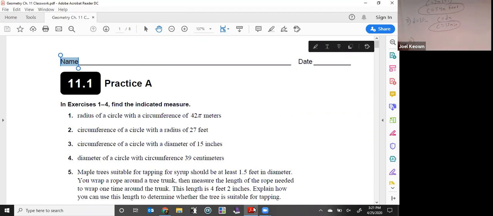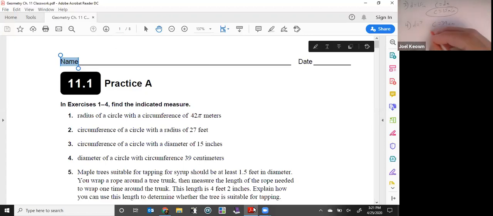Number 4 says the diameter, so finding the diameter when the circumference of the circle is 39. So C equals 39 centimeters. Again, I'm looking for diameter, so I want to use diameter times pi for my formula.